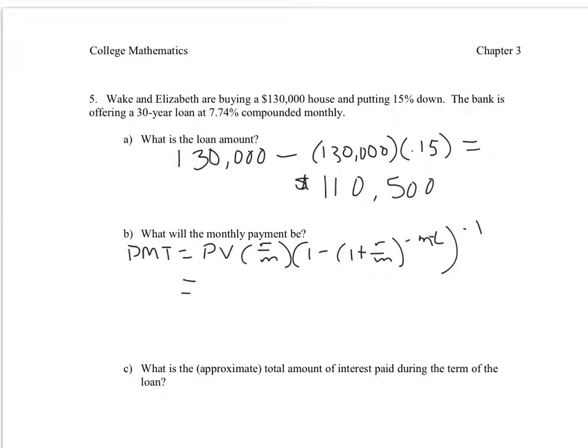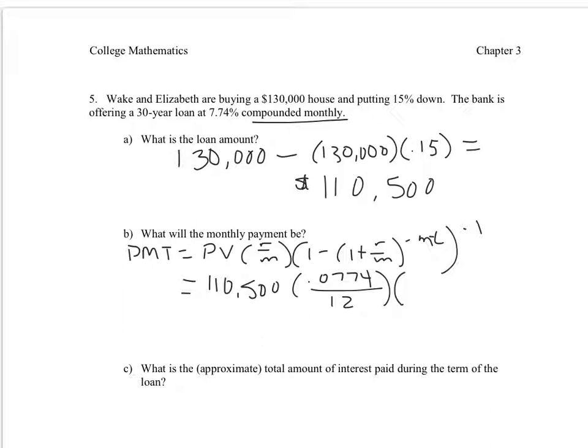So we're going to take this present value of $110,500. Our interest rate is 0.0774 over 12 because it's compounded monthly.